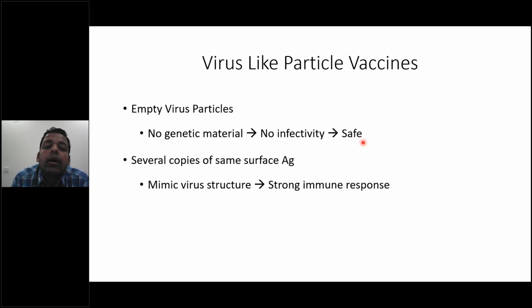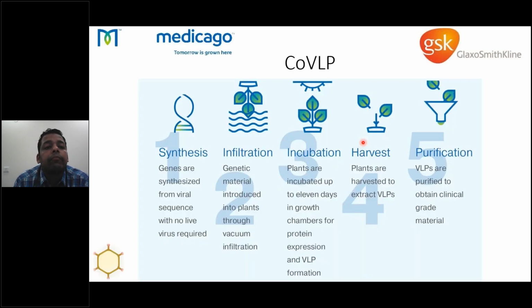So these mimic virus structures and as a result have a strong immune response. A vaccine that is using this method is being produced by Medicago, which is a Canada-based company, and GlaxoSmithKline. The vaccine is called CoVLP, and it is an extremely interesting method that they are using.